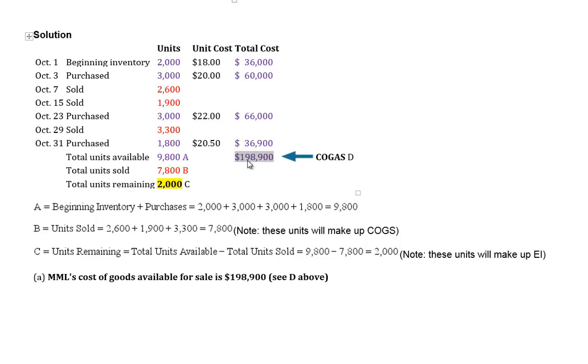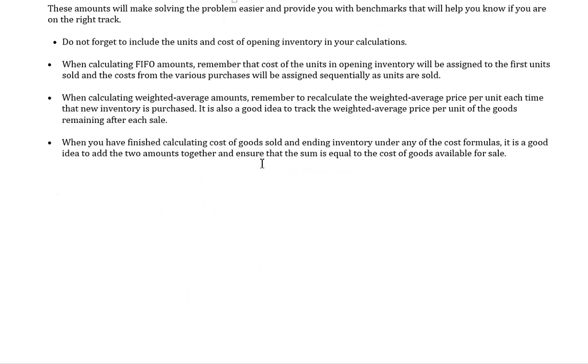So I'm going to have, of the 198.9, the cost of the 7,800 that I sold and the cost of the 2,000 that I didn't sell. So this number here, 198.9, should be the total of the cost of goods sold and what I have left in ending inventory, right? So that's what we were trying to tell you up here.